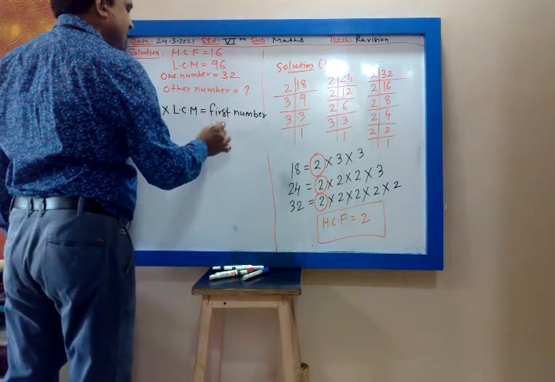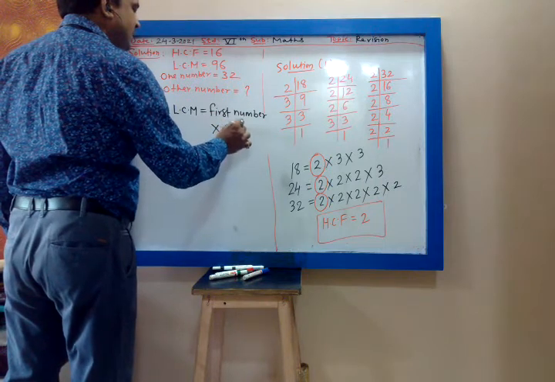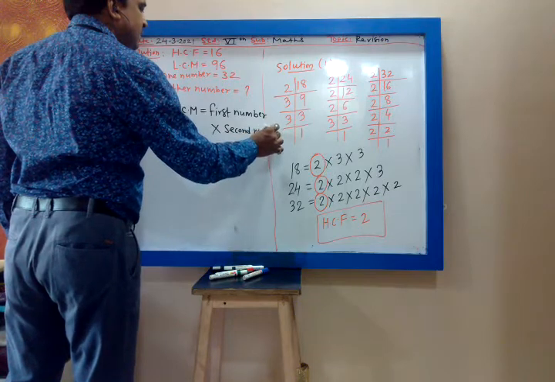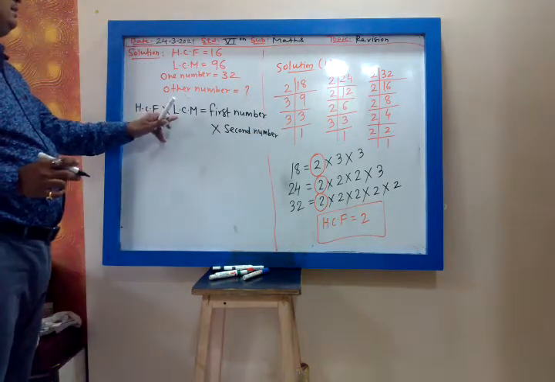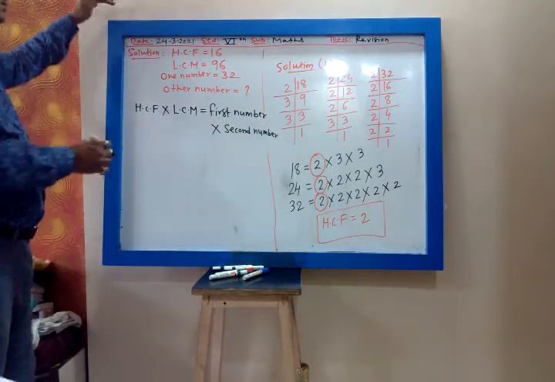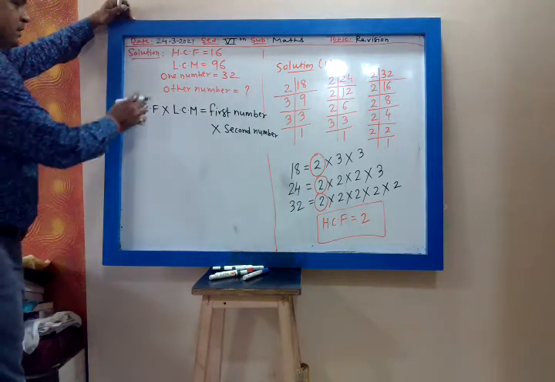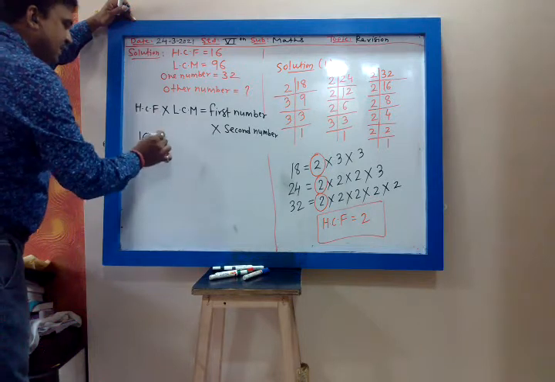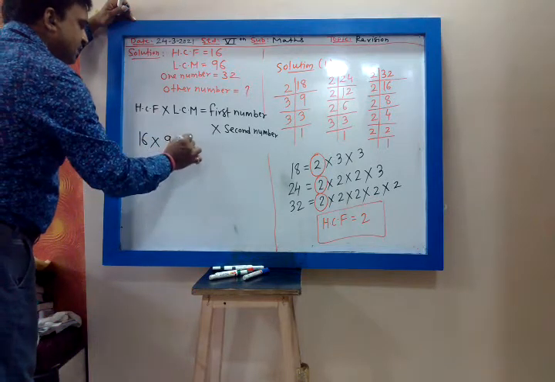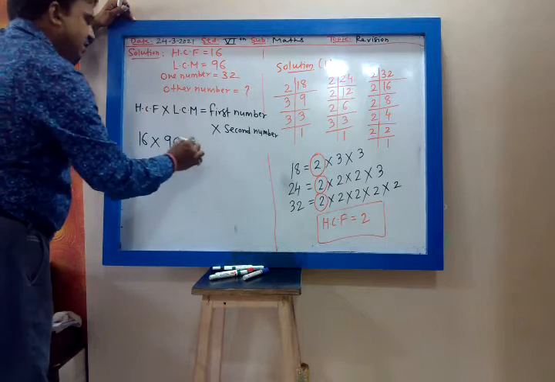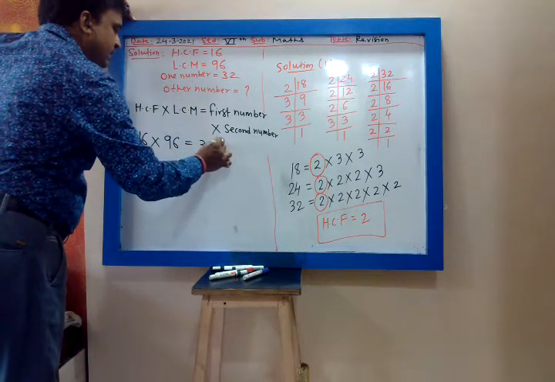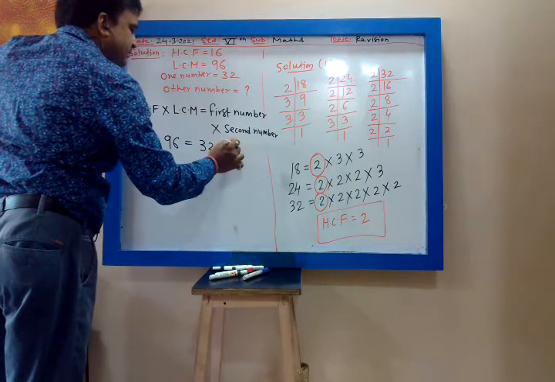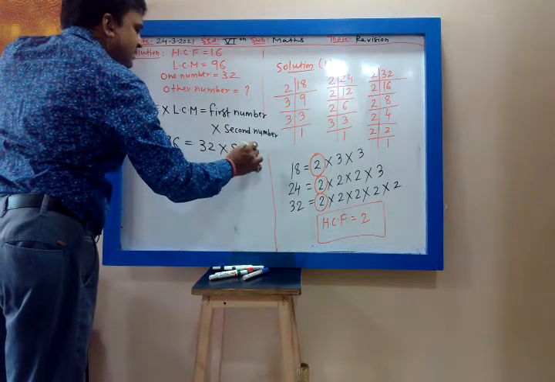Now we substitute. What is HCF? 16. What is LCM? 96. Is equal to the first number, one number, 32, into the second number, which we have to find. We write the other number as second number.